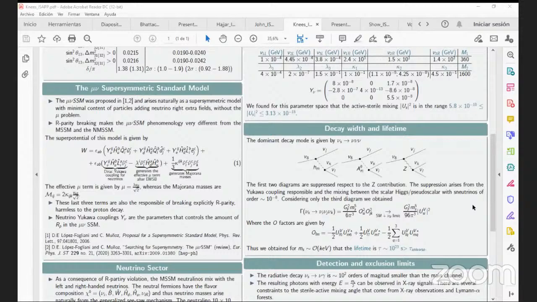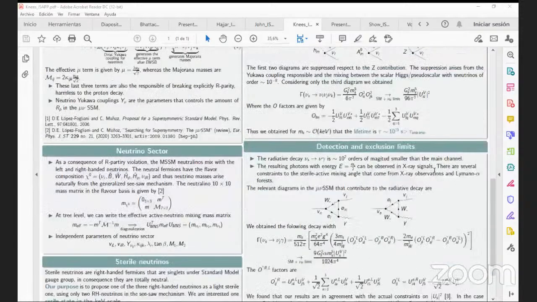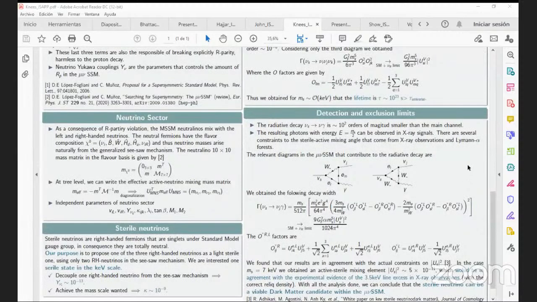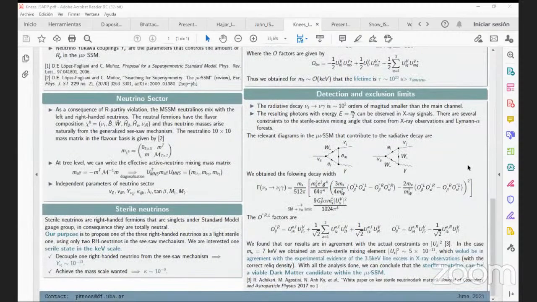Concerning the neutrino sector, a little bit down, in this model, we have a natural seesaw mechanism. The neutralinos of the MSSM mix with right-handed and left-handed neutrinos. And we have a neutralino basis of 10 particles here.